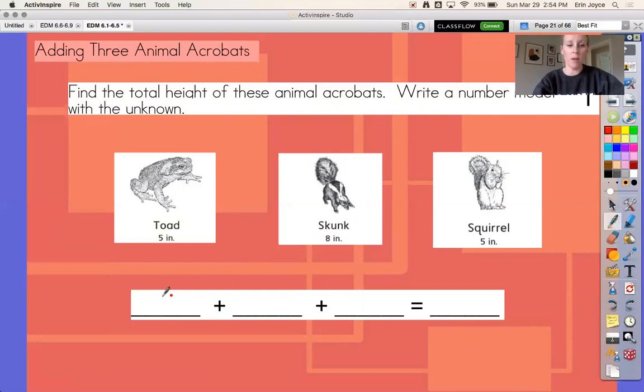So I have 5 inches is the toad's height. Can you guys see the height of the skunk? Yep, 8 inches for the skunk. So 5 plus 8 plus, here's my squirrel, 5 inches for the squirrel. Now take a minute and think about how you would solve that. 5 plus 8 plus 5.